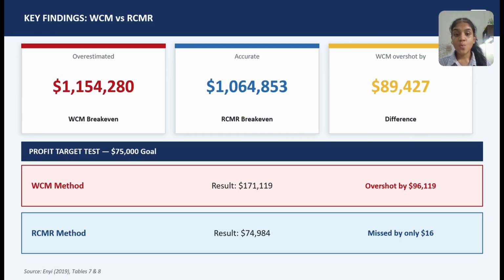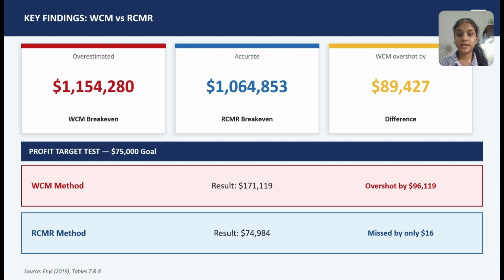Even more telling, when both methods were tested against a profit target of $75,000, the WCM overshot the target by a massive $96,119. The RCMR, on the other hand, only missed the target by just $16, which is most likely due to rounding. These profit figures are taken from the comparative income statement from the article.